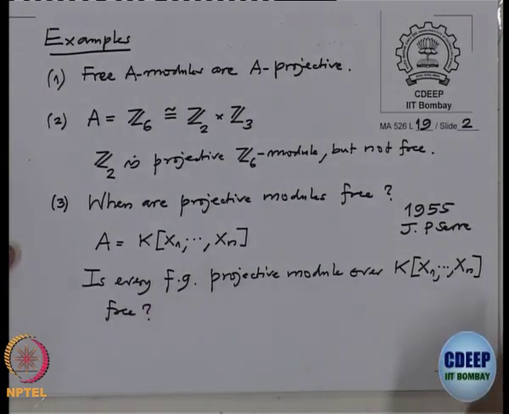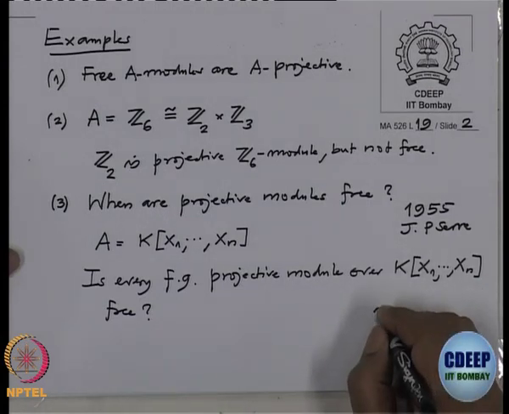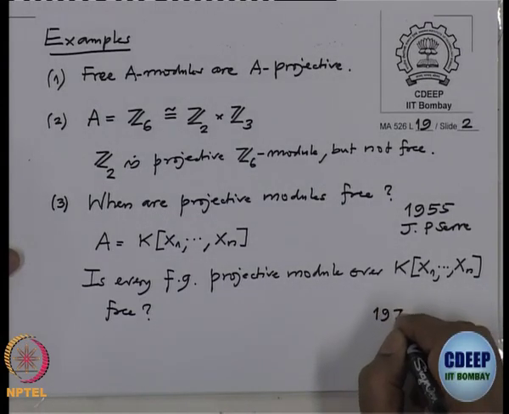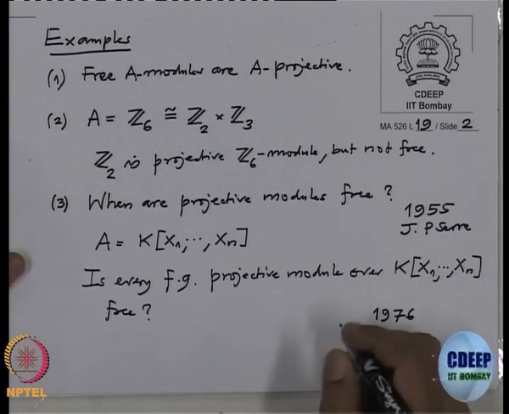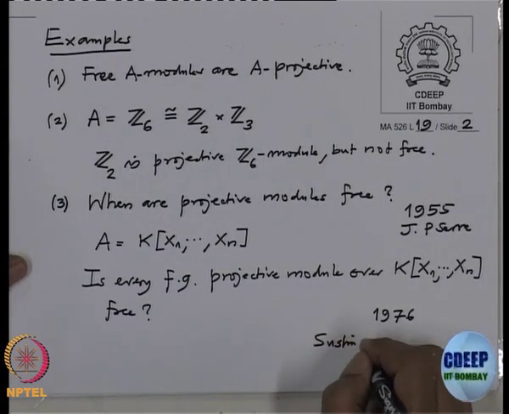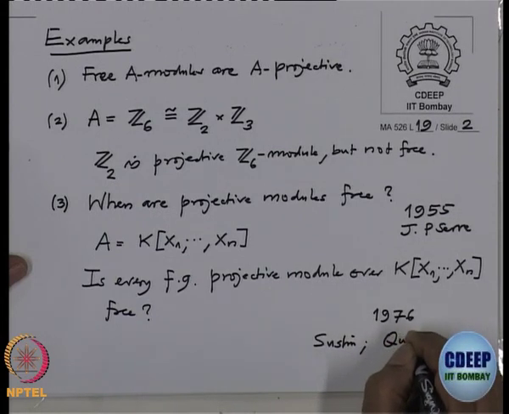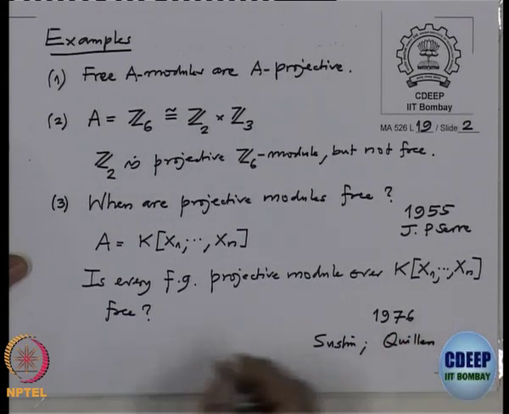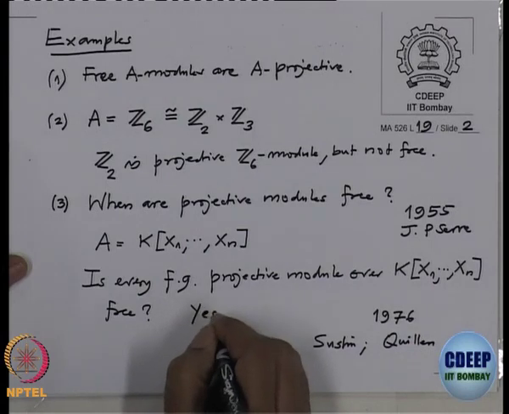And this question was there for a while, and ultimately the proof came only in 1976. Two independent proofs came, one by Suslin and the other by Quillen. This answer is yes.